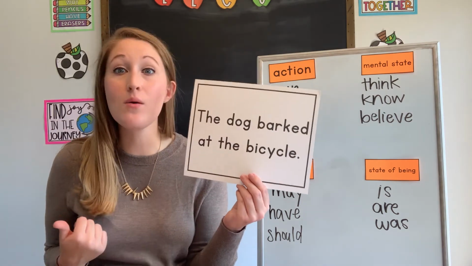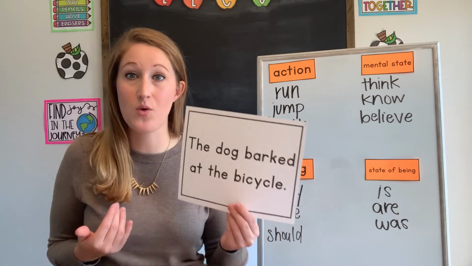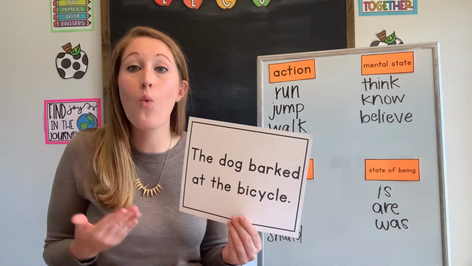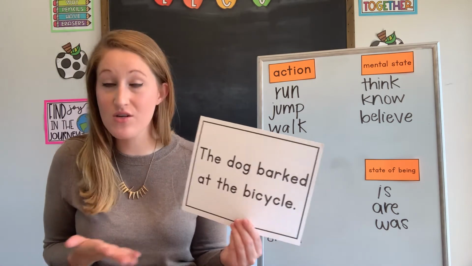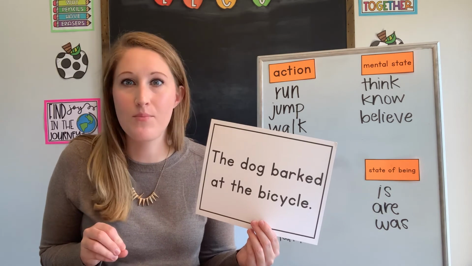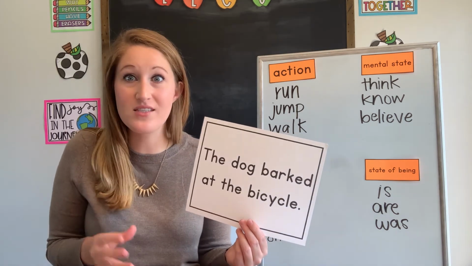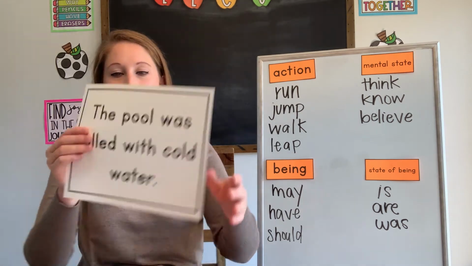And we could say he will bark, in the future. So the way that our verbs are working tell us when this might be happening. Did it happen in the past, the present, or the future?